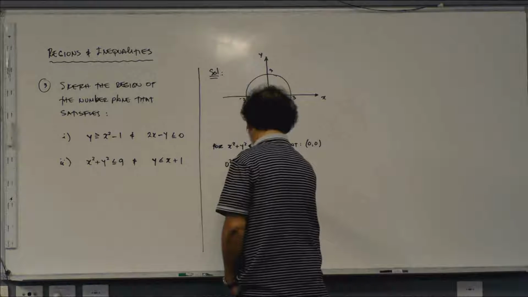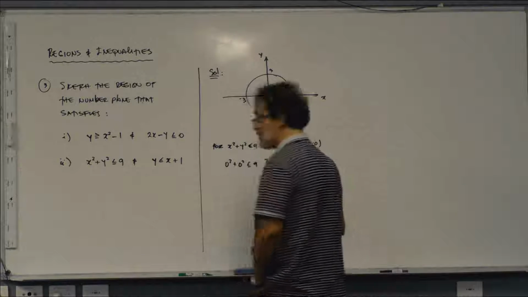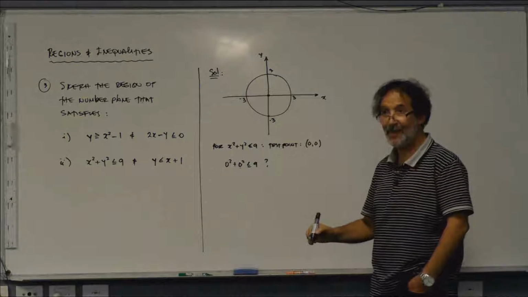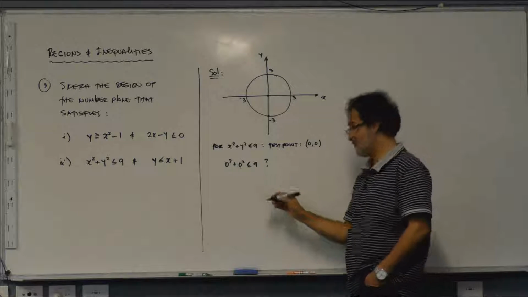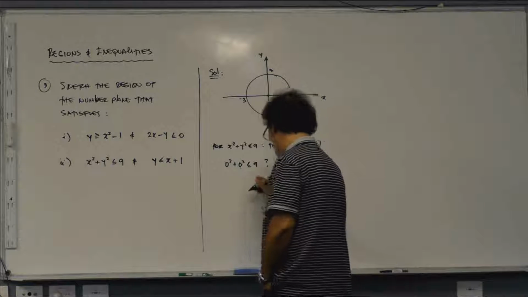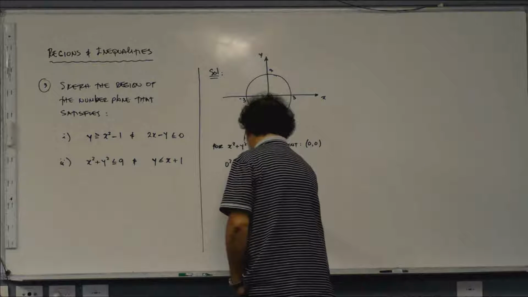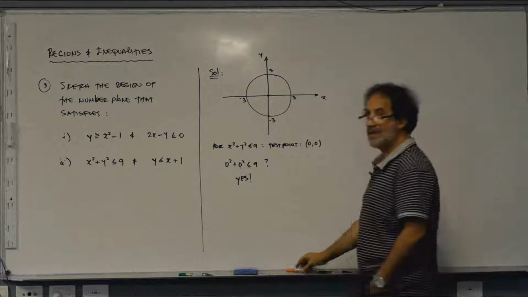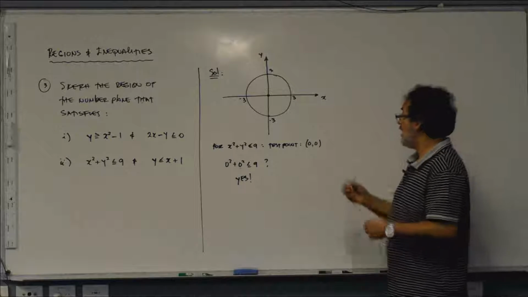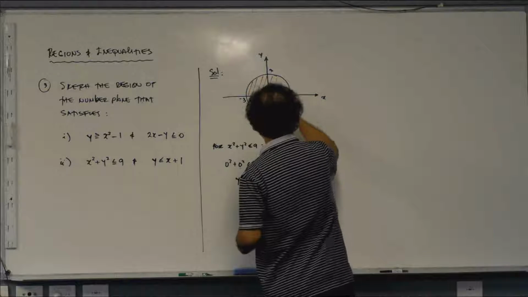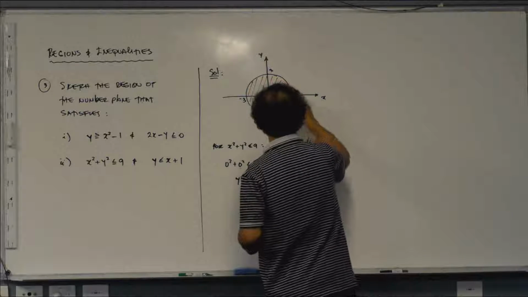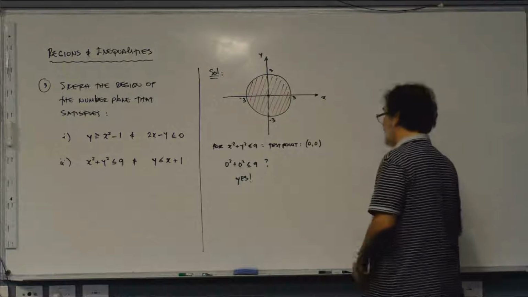Is that less than or equal to 9? Is that true or false? Yes, it's true. Okay, so that means that we're talking about the interior. So we're talking about this interior region. Okay. So that was easy.